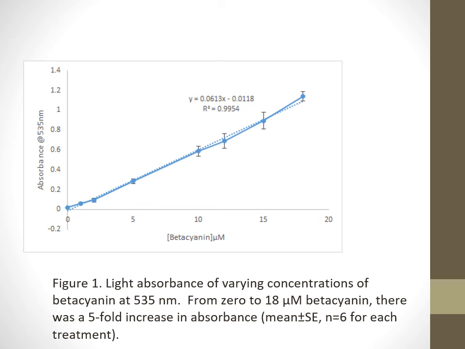For example, let's say I gave you an unknown concentration and it had an absorbance of 0.7. Once again, the lines might get weird here, but I could draw a line over, using a straight edge of course, over to where this intersects the graph and down. And where it intersects the x-axis, I could say, oh, the unknown concentration is maybe 13 micromolar, let's say. Okay, so we can use the standard curve to determine what an unknown concentration of beta cyanin was.